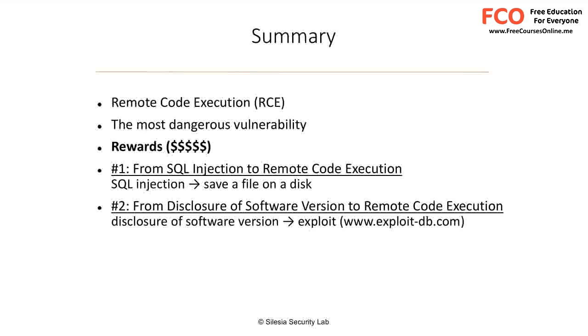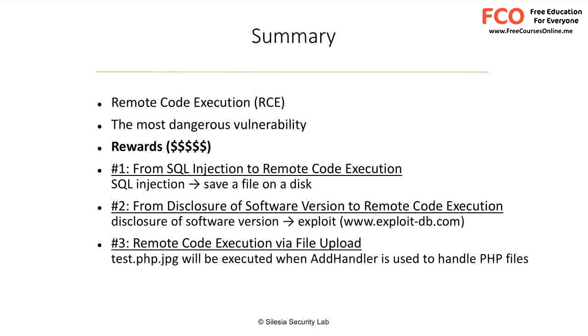So I introduced you to www.exploitdb.com. And I presented everything step by step. So how to find an exploit, how to download it, how to play with this exploit, and finally, how to launch an RCE attack.